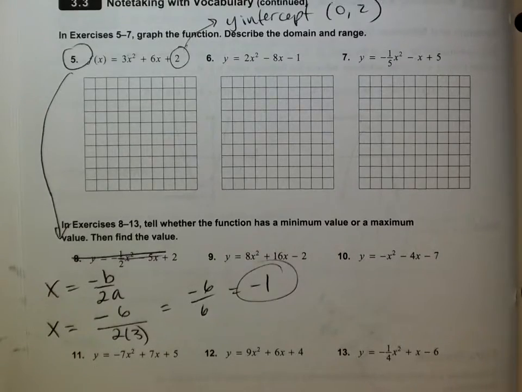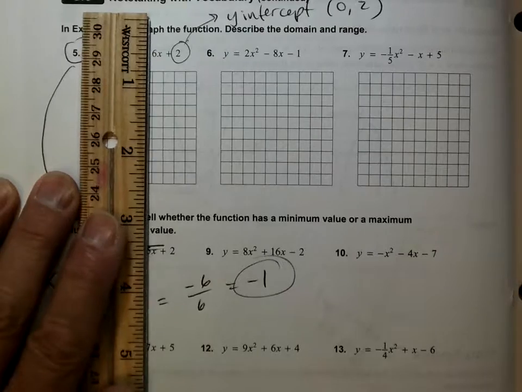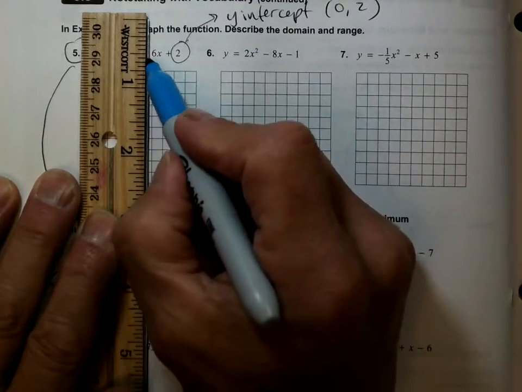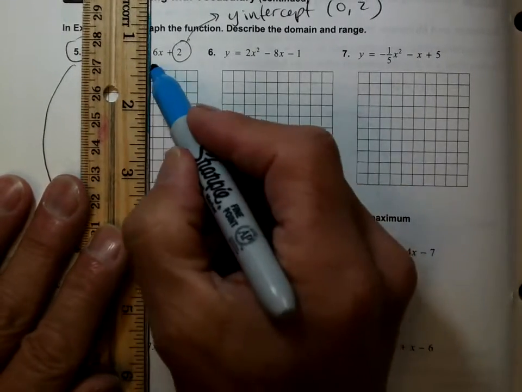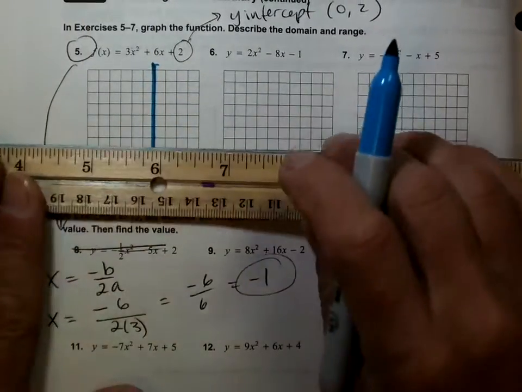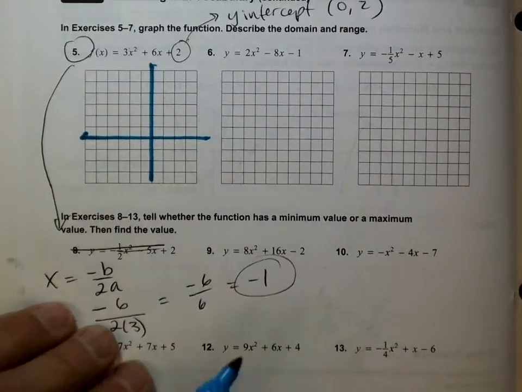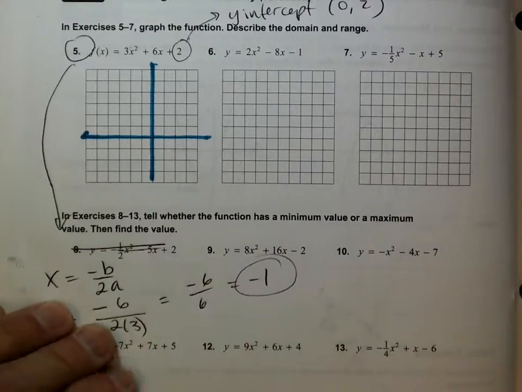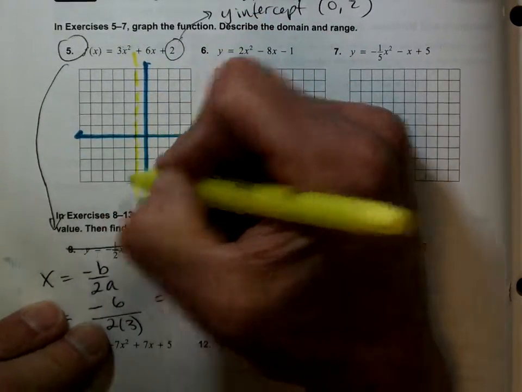All right, let me try to put a little graph in here. I know my line of symmetry is at negative 1, so I'm going to go dot, dot, dot along negative 1.